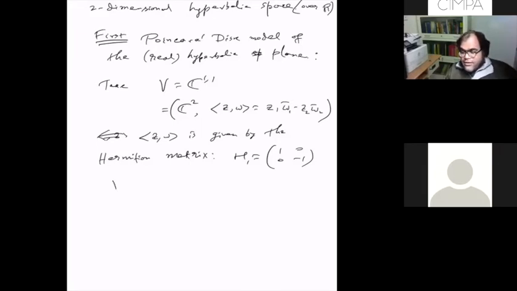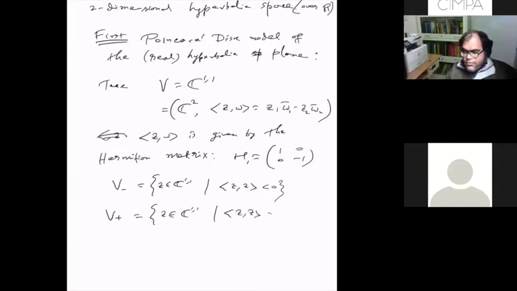So then we have these 3 subspaces, V minus, V plus and V naught. We have these 3 subspaces, okay?